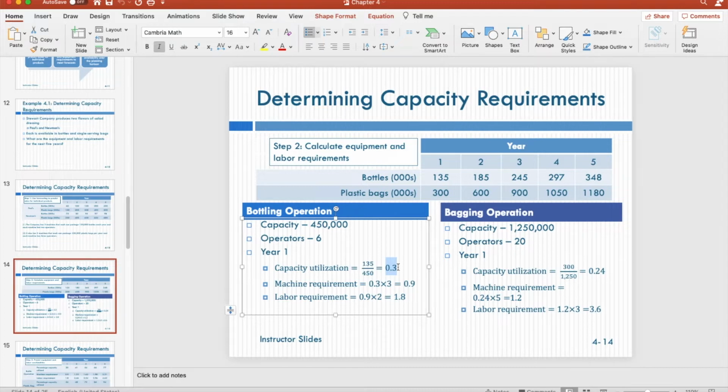That would be 0.3 times 3, which is 0.9. What is the indication of the 0.9? It means you have three machines, but this year you use 0.9 machine effectively.